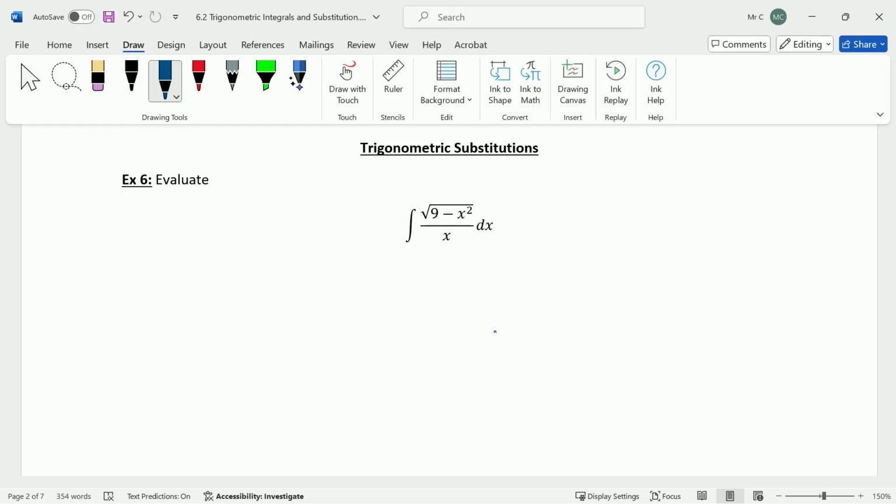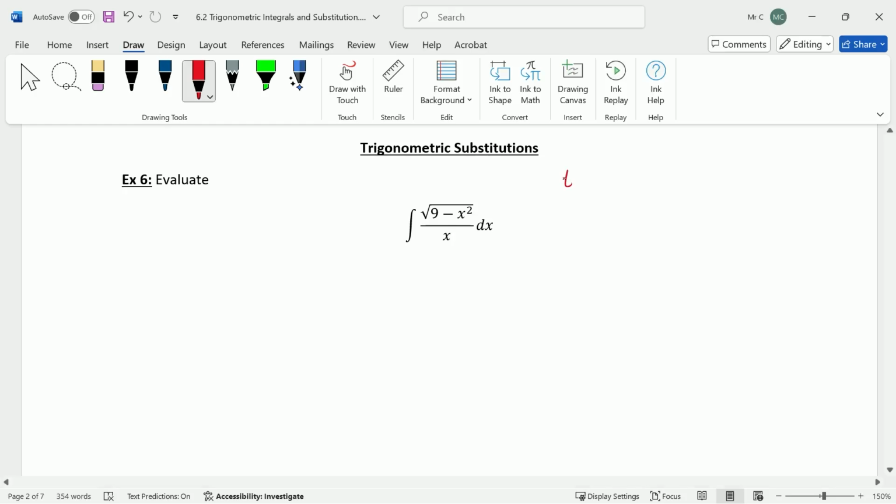Okay, so how do we do that? Well, we can think about some trigonometric identities that we know. And in particular, there are 3 trigonometric identities we use for this particular process of trigonometric substitutions. There are the identities involving tangent and secant.